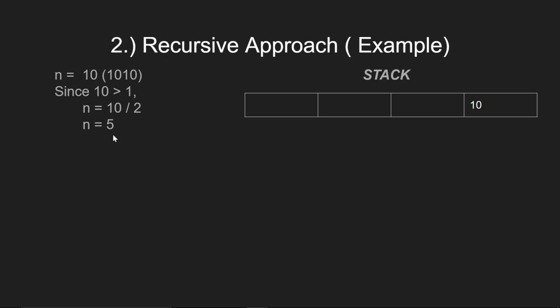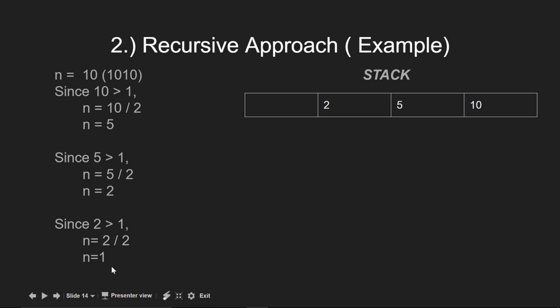Again, since 5 is greater than 1, we push 5 onto the stack and call the same function for n equal to 2. Still, we see that 2 is greater than 1. We thus push 2 onto the recursive stack and call the function for n equal to 1. Since now n has become equal to 1, we just push 1 onto the stack and move to step 2 of our algorithm.